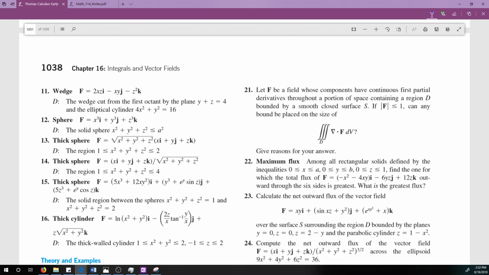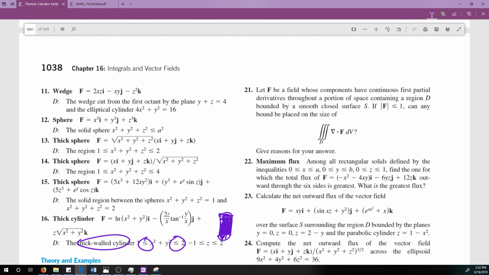A thick-walled cylinder. So you have these less than or equal to signs. And what does that mean? Essentially you have a full cylinder, like made out of wood or Play-Doh, instead of a hollow cylinder, like a toilet paper roll tube. So thick-walled, when you see these inequalities, that means that you're fine.